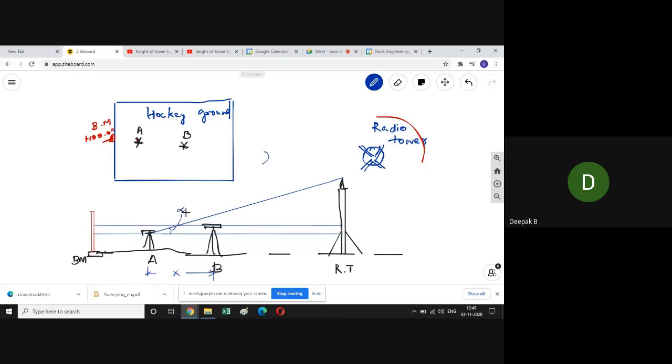You call it alpha 1. Then you got to take this leveling instrument's reading. You'll get this height. You'll call it S1.